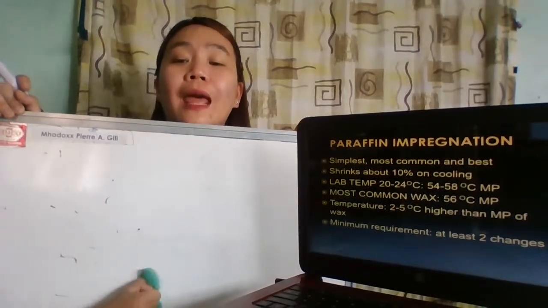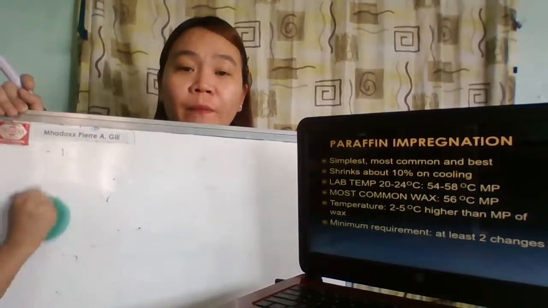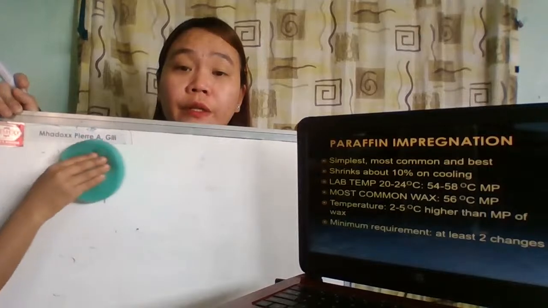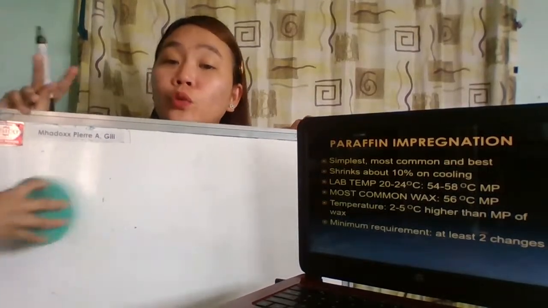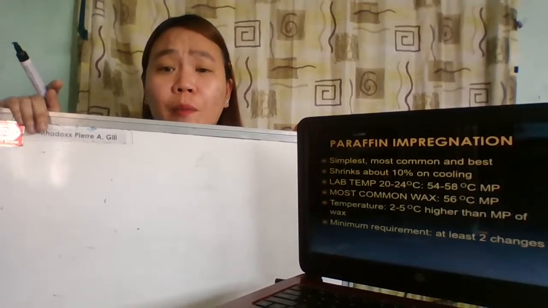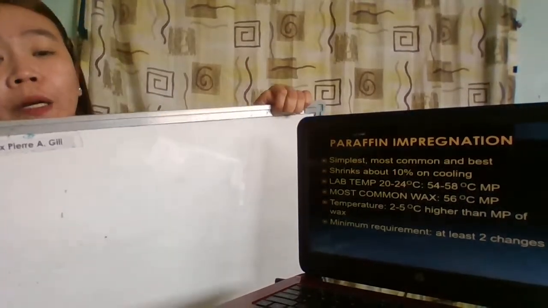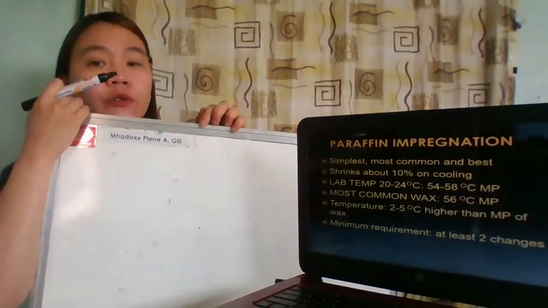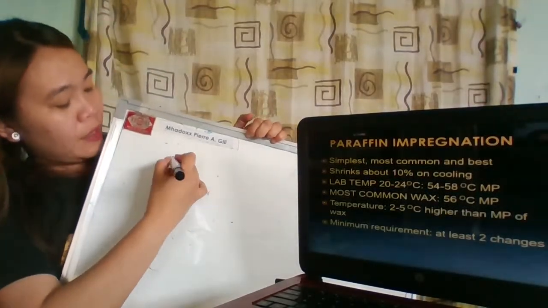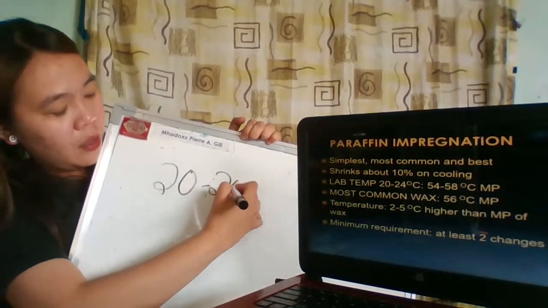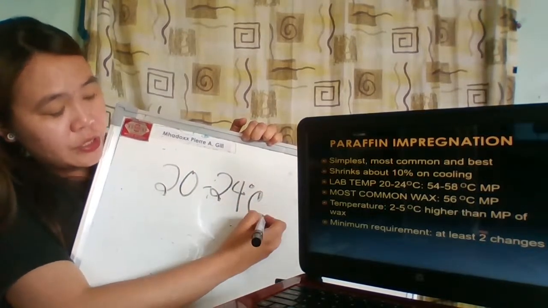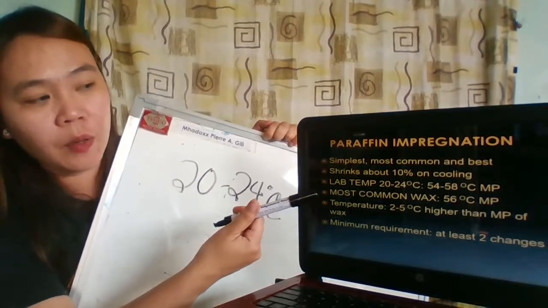The first thing that we have to consider is the laboratory temperature. There are two common laboratory temperatures. First we have 20 to 24 degrees Celsius. This is in our PowerPoint.